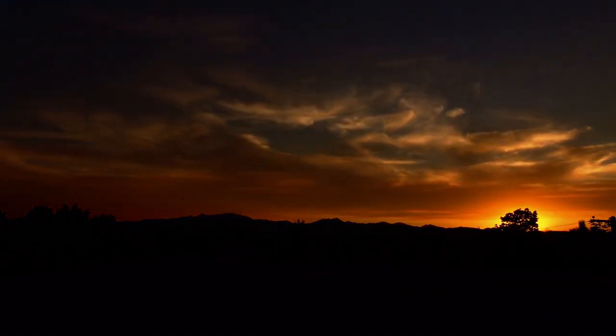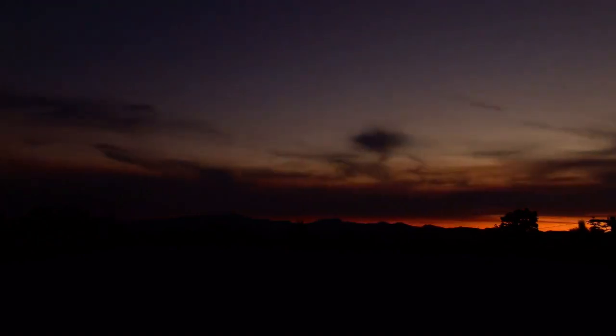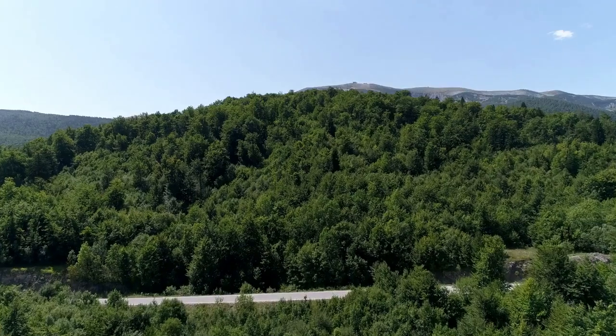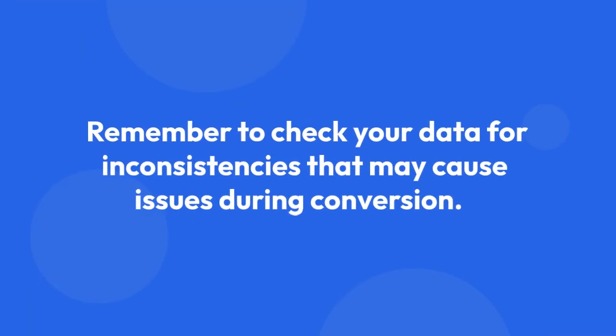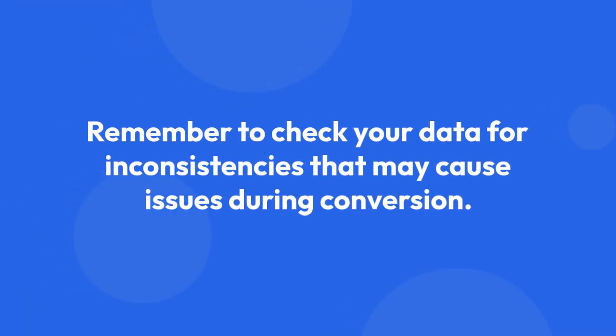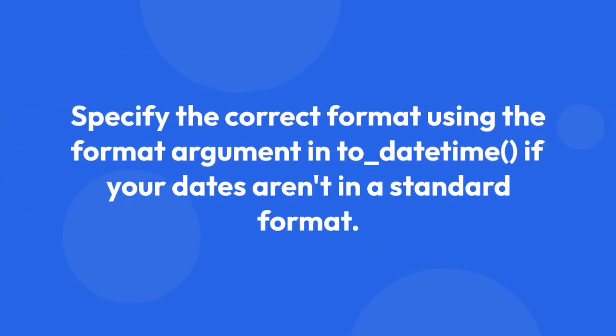Sometimes incorrect date formats or missing values in your data can also prevent successful conversion using to_datetime, requiring careful data cleaning and formatting before the conversion. Remember to check your data for inconsistencies that may cause issues during conversion. Specify the correct format using the format argument in to_datetime if your dates aren't in a standard format.